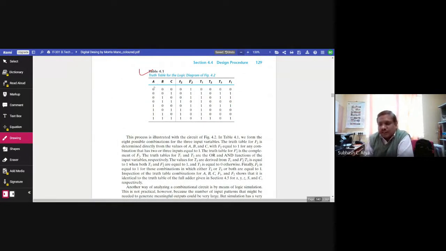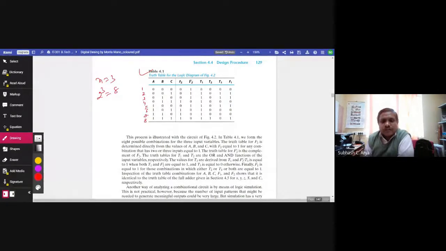So 4.1 gives the truth table. A, B, C, so n is equal to 3. So 2 to the power 3 means 8. So there are a total of 8 possible combinations. I will write the numbers 1, 2, 3, 4, 5, 6, 7, 8.